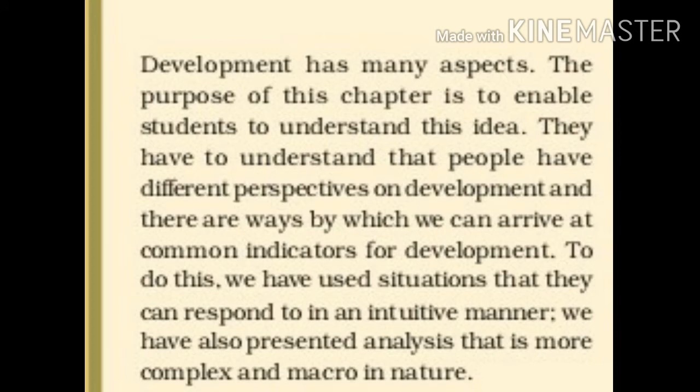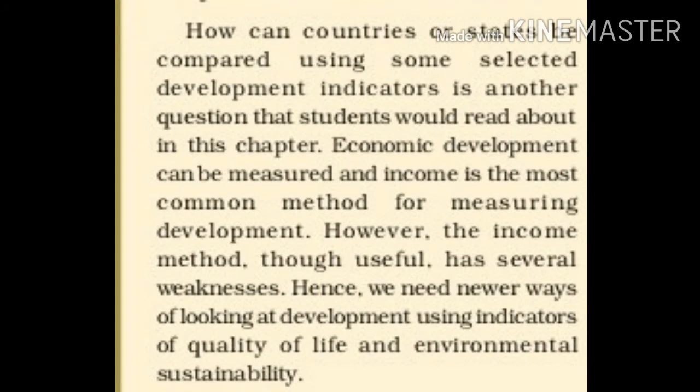This chapter is very helpful to give us ideas about the indicators, and these indicators we can see on our next slide. One question arises in our mind: how can countries be compared using some selected development indicators? Actually, economic development can be measured, and income is the most common method for measuring development.